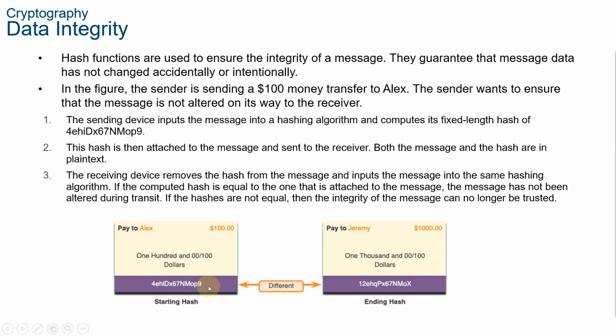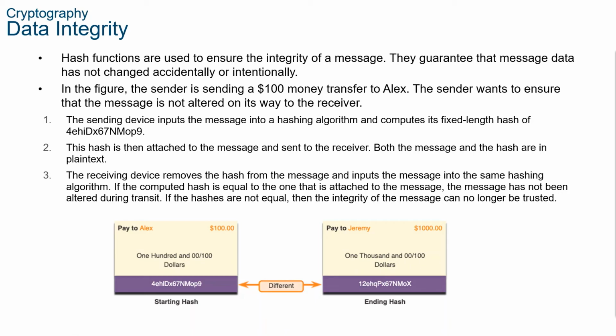Now, the sending device inputs the message into a hashing algorithm and computes its fixed-length hash, which is this 4EHIDX67NM-OP9. This hash is then attached to the message and sent to the receiver. Both the message and the hash are in plain text.